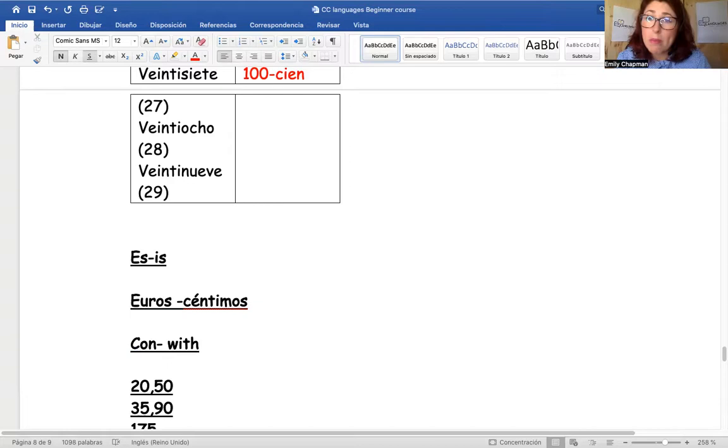So they might say 20 con 50 or 35 con 90. It's not something we use in English, but it's something that if you hear in Spanish, you're like, what's con? Why is it in the middle of the numbers of the price? So sometimes in Spanish, you'll hear 35 with 90, meaning 35 euros with 90 cents. It's just a different way of wording things.